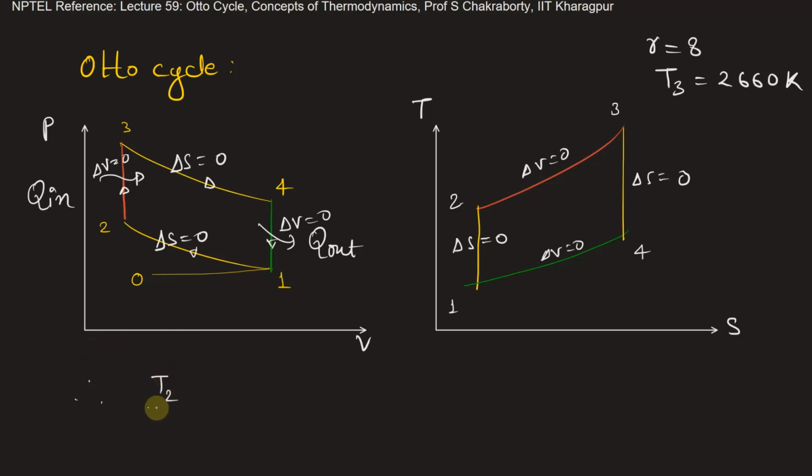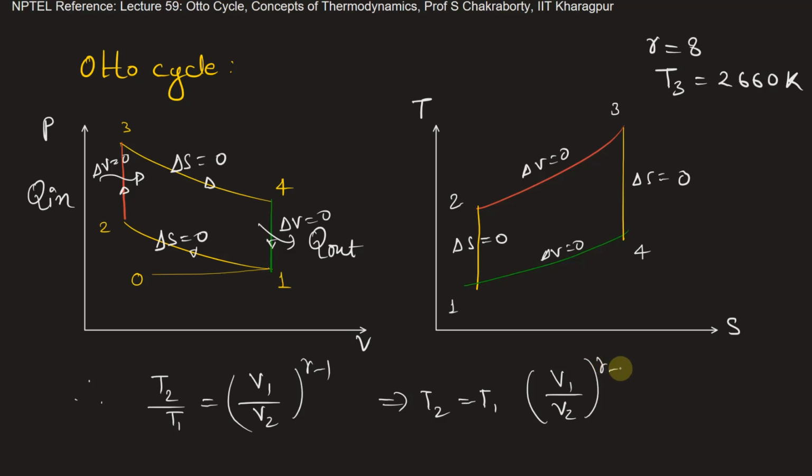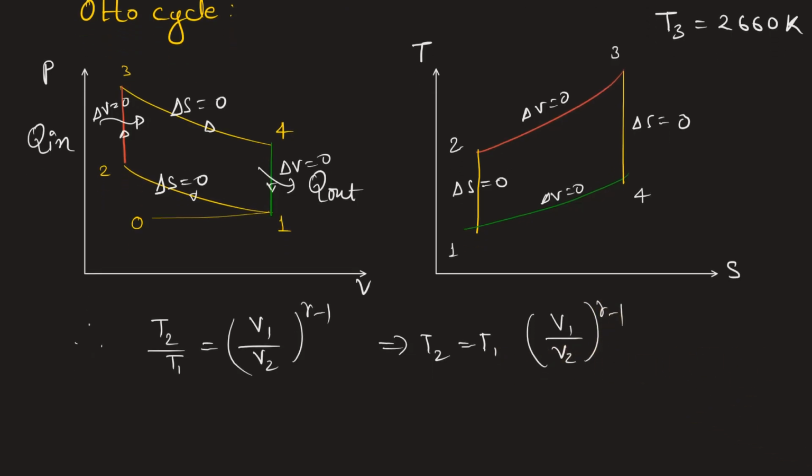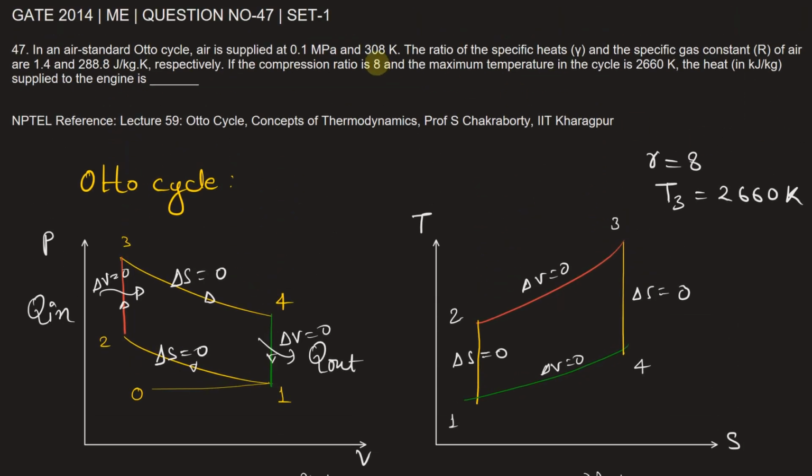We can write T2 by T1 should be equal to V1 by V2 to the power of gamma minus 1. So from here, T2 will be equal to T1 times V1 upon V2 to the power of gamma minus 1. Now, the value of T1 is 308 Kelvin. This information is also given. Air is supplied at 0.1 megapascal and 308 Kelvin.